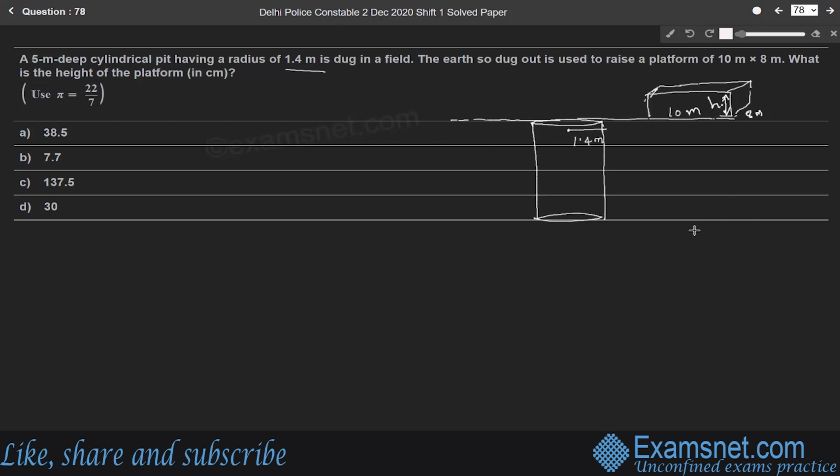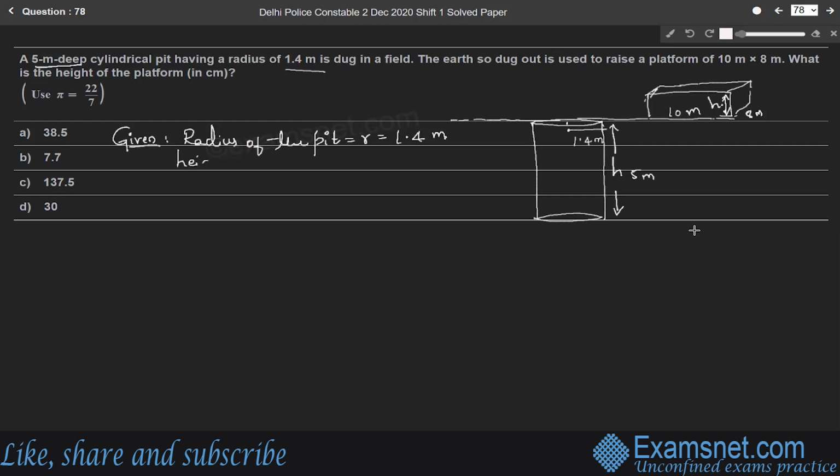So for this, let us write the given data first. Given, radius of the pit r is equal to 1.4 meter, and the height of the cylinder, so in the question it is given 5 meter deep, so its height is 5 meter, right?